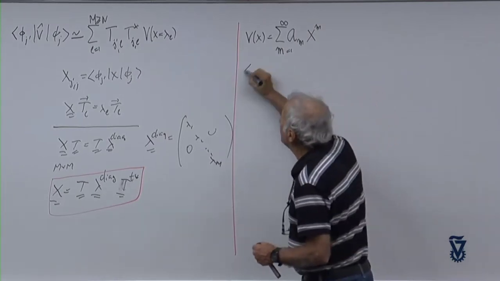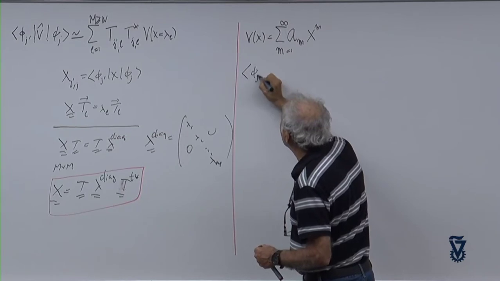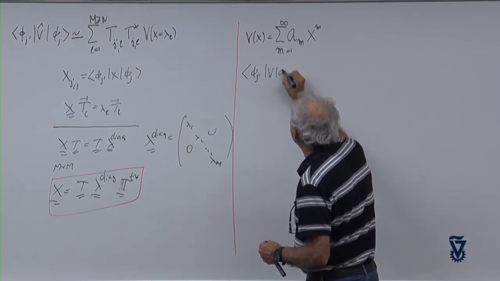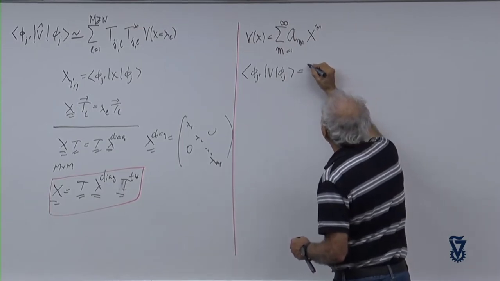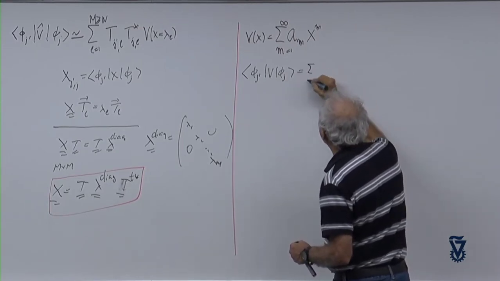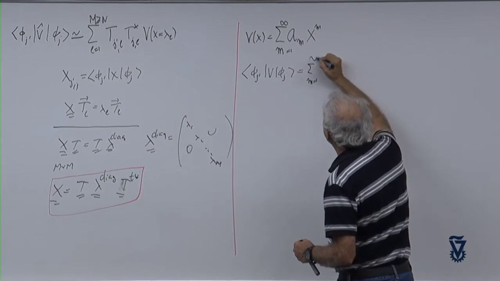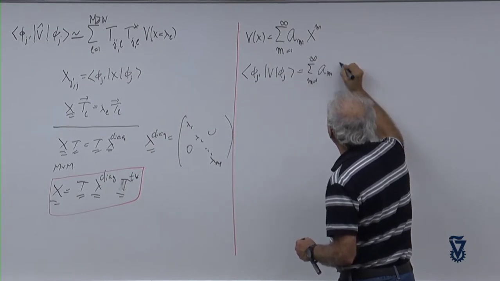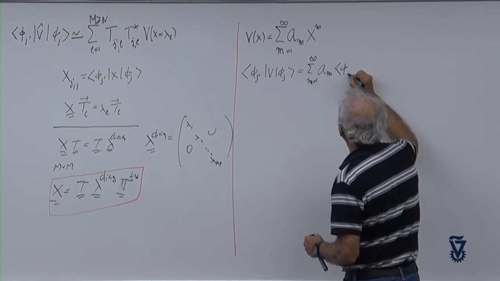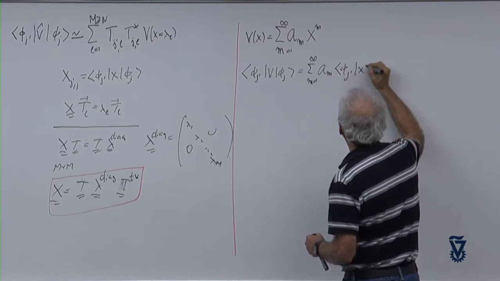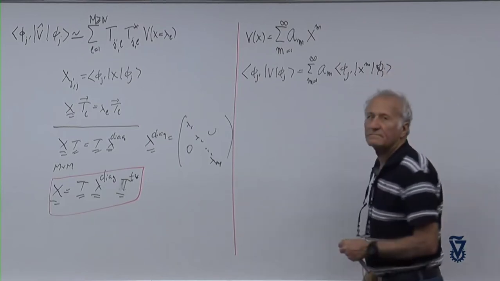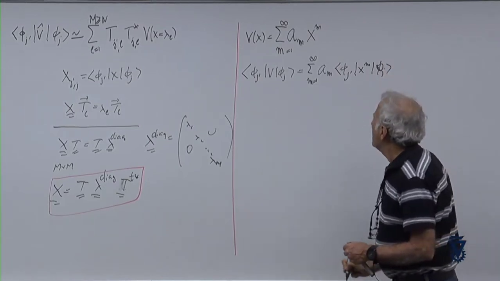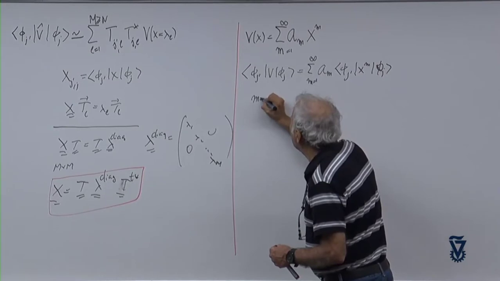Now it's easy to see that phi j prime V phi j becomes a summation over m, where here we have phi j prime x to the power of m phi j. Let's see what is happening when m equals 1.